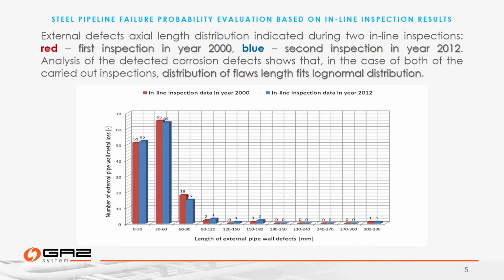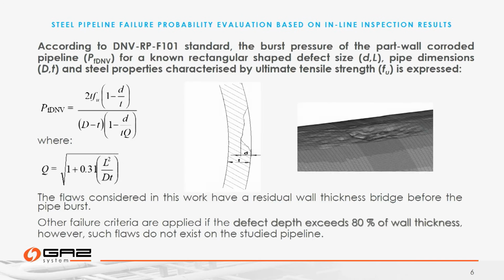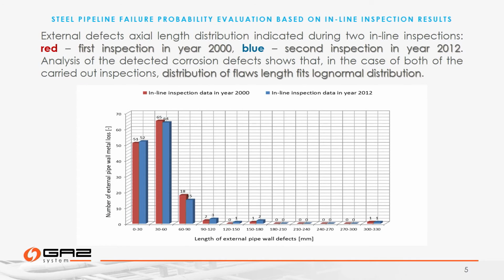The longest external corrosion defects reach up to 180 millimeters, up to 20 centimeters, circa.